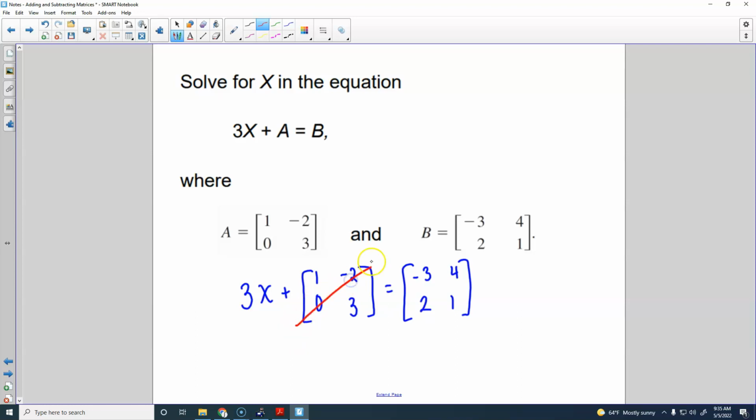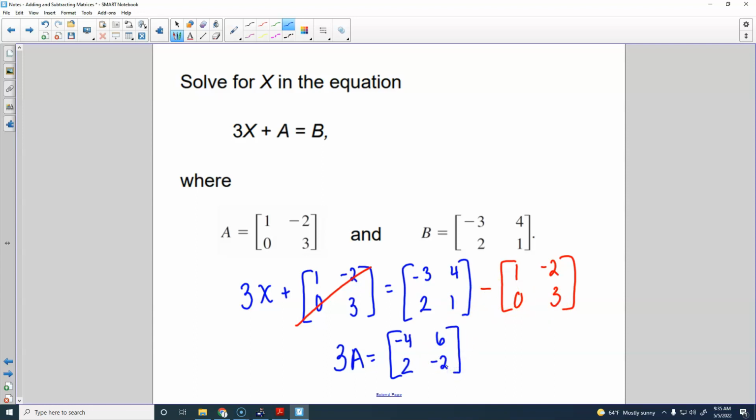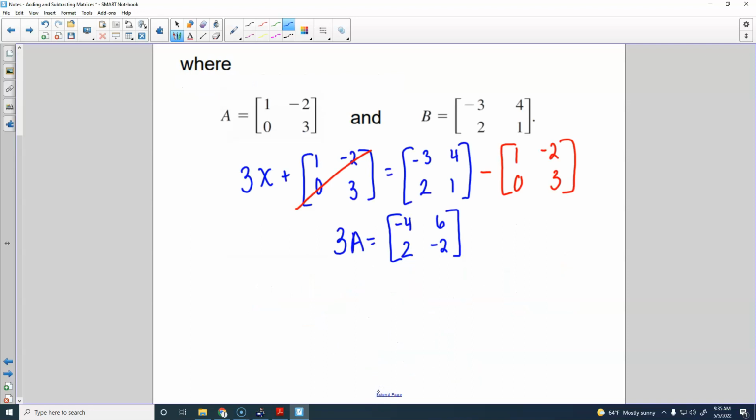And so we could subtract this matrix over here, 1, -2, 0, 3, which means 3a would equal -3 minus 1, so it's -4. 4 minus -2 is going to give me 6 right there. 2 minus 0 is 2, and then 1 minus 3 is -2.